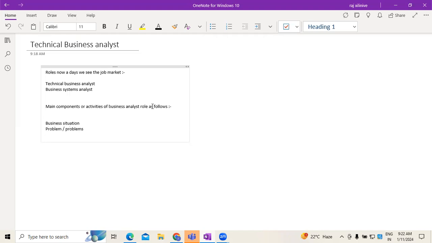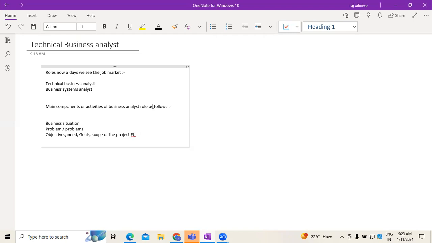Next, understanding the business objectives, needs, goals, scope of the project, right, etc. So these are the major areas.